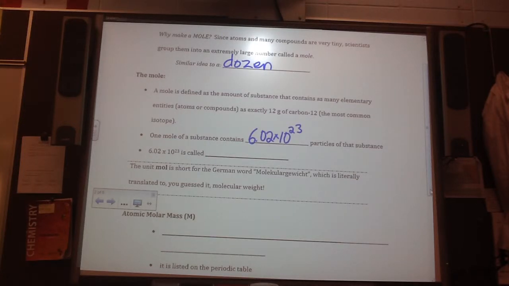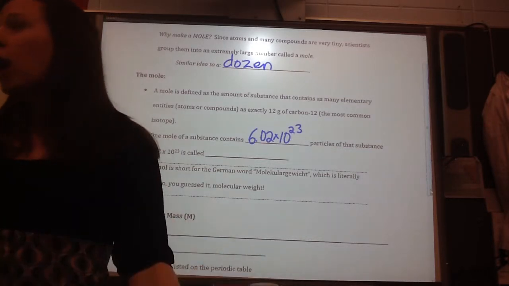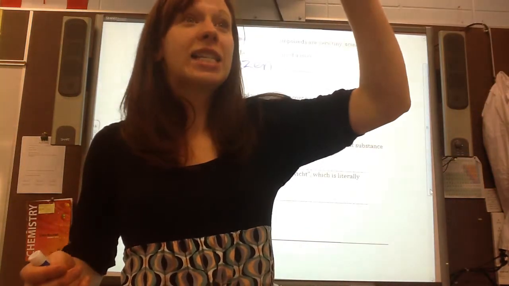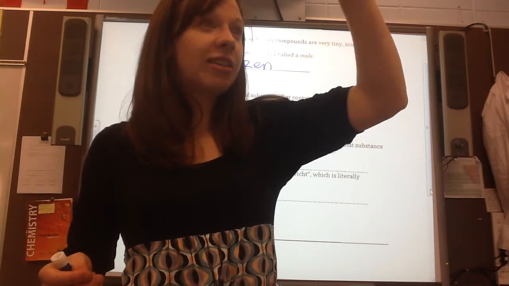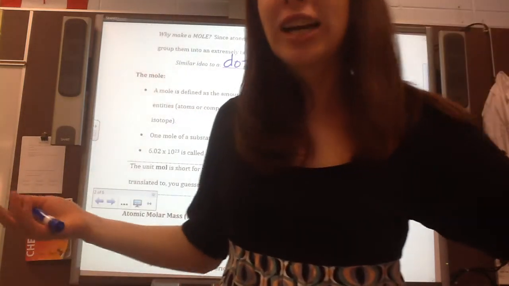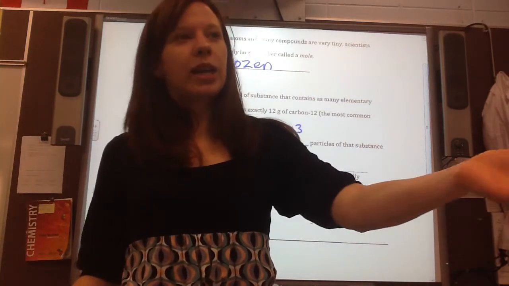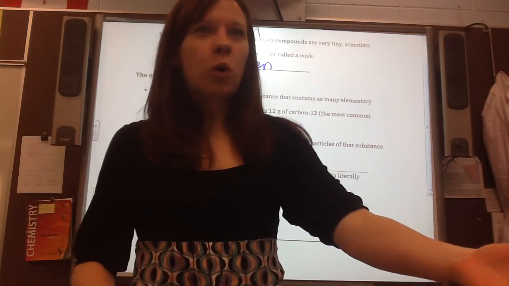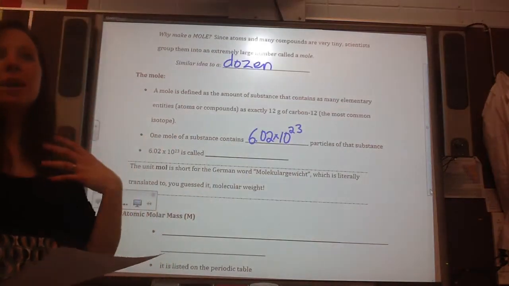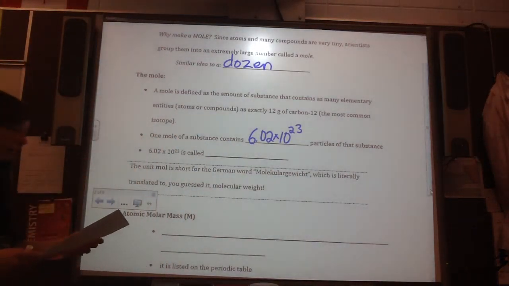That's how many particles of potassium sulfate are in here, guaranteed. That's a lot of particles. That's crazy, right? But I don't go walking around saying 6.02 times 10 to the 23 particles. I need something a lot easier, and so I say 1 mole.